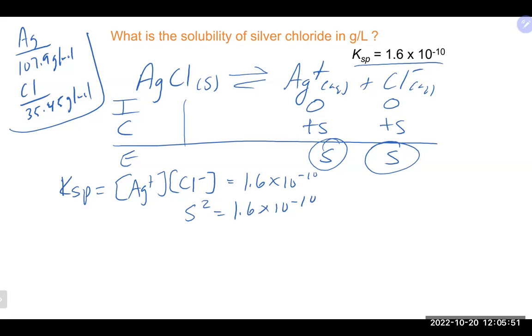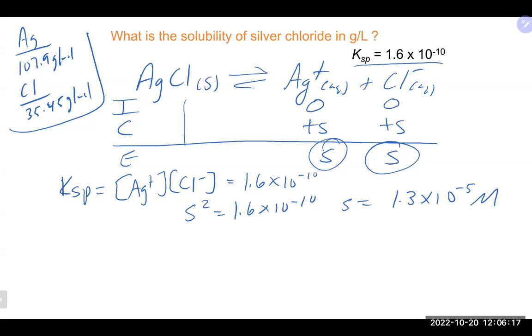Taking the square root gets us an S value of 1.3 times 10 to the minus 5. And this S is the molar solubility, which is really the molarity here.